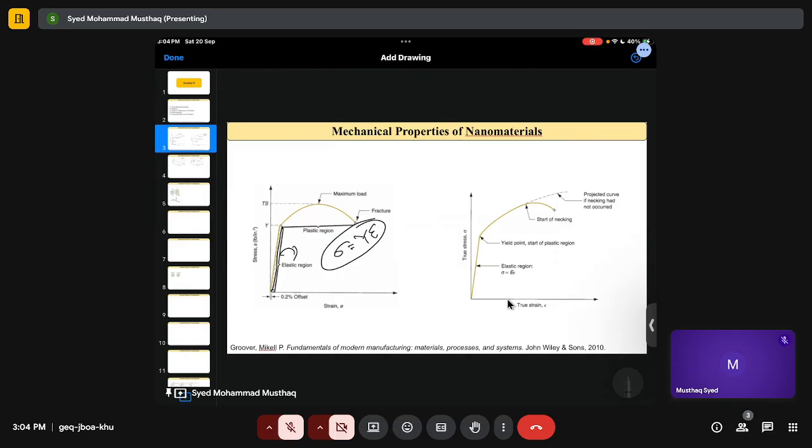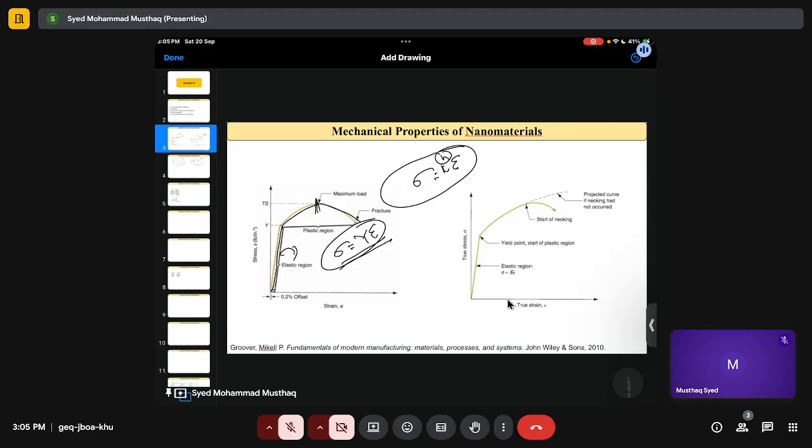Now here you have the stress strain relation, and then here you have the curve, and if you fit it, suppose there is a constant k and power n on the strain, you will get the flow characteristics of that curve. That is also another point. And at this point you will get the ultimate tensile strength, right?